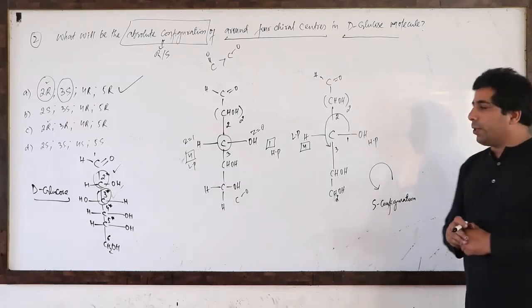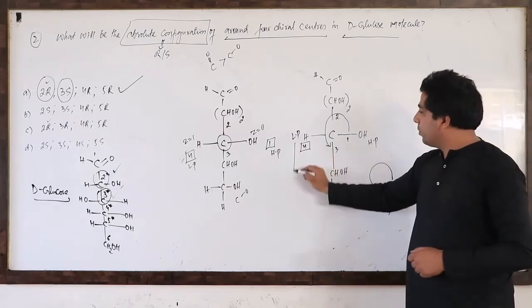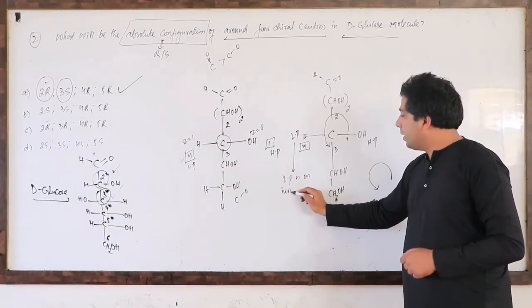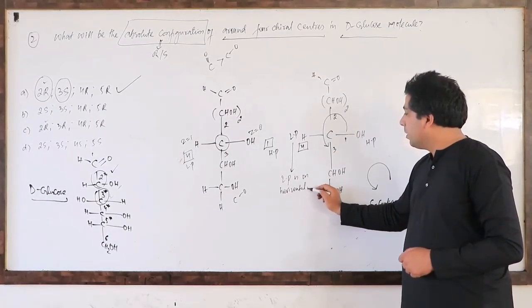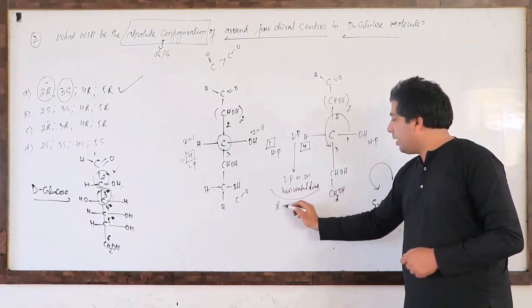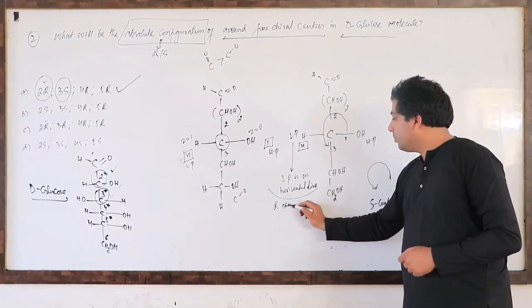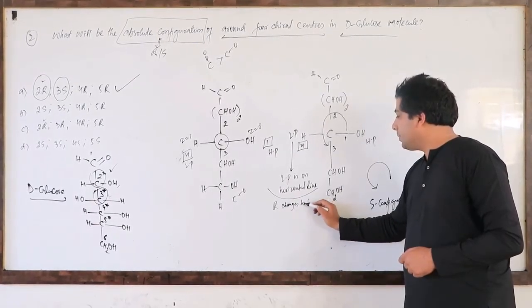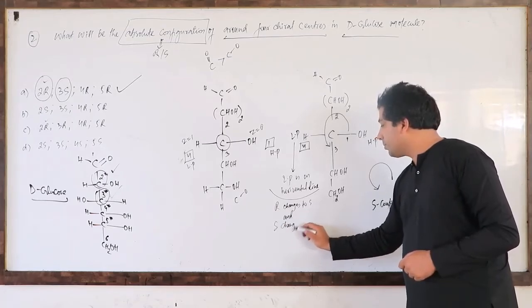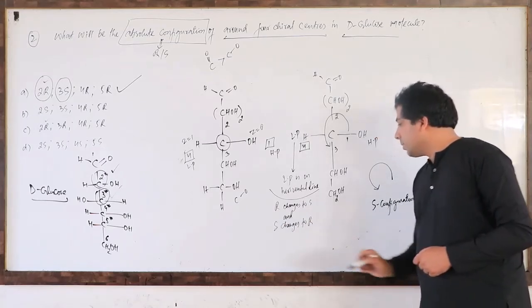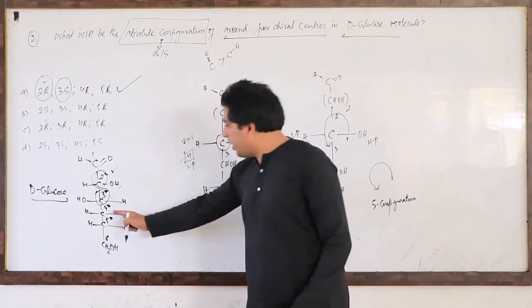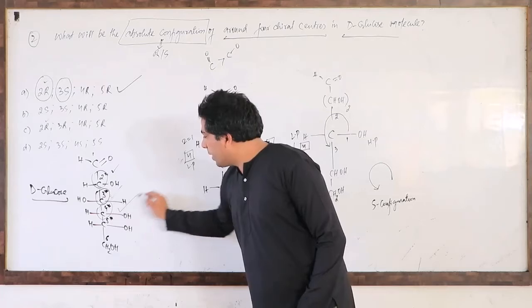Correct? But you know that the lowest priority, look here, the lowest priority is on the horizontal line. When the lowest priority is on the horizontal line, then what happens? R changes to S and S changes to R. So what is my configuration? S, and we know that we are talking about which carbon here? Fourth carbon, the fourth chiral carbon.